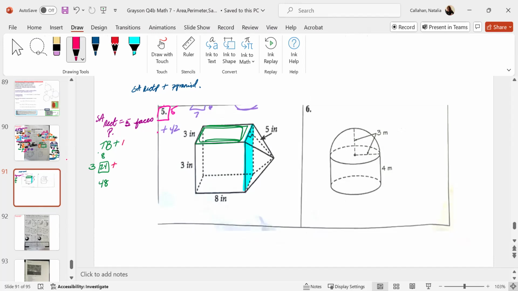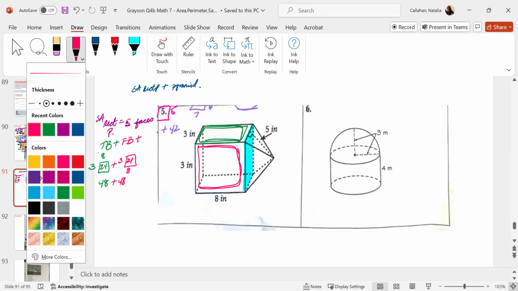Good. Front and back. You don't need to highlight both front and back because you know there's 2 of them, correct? There's your front. What are the 2 numbers? What are the 2 dimensions for the front? 3 and Great. It's the same thing. Right? What's the last side you need? What's the 5th side?